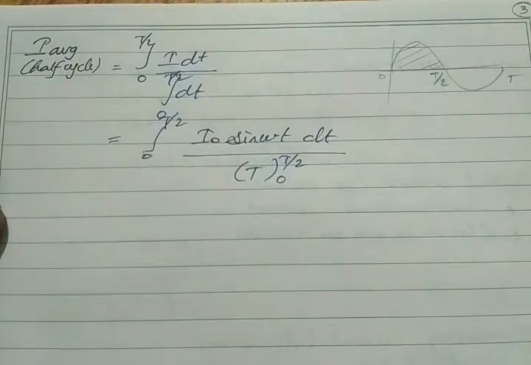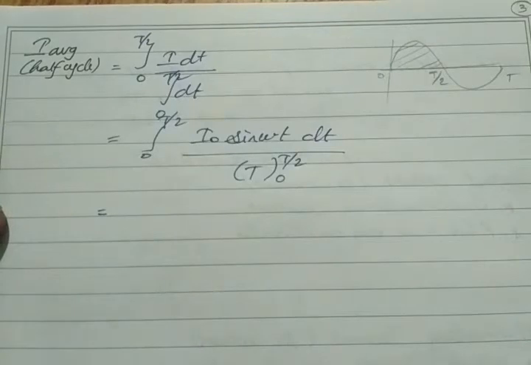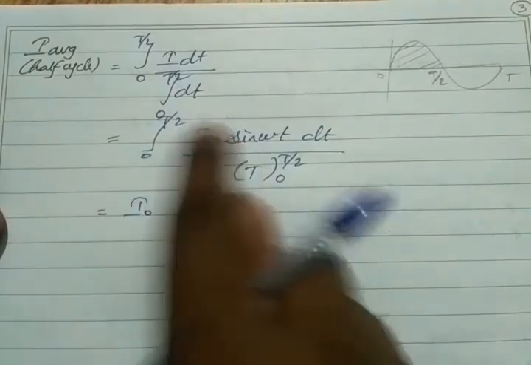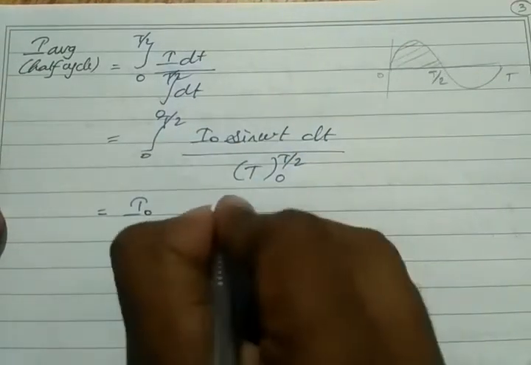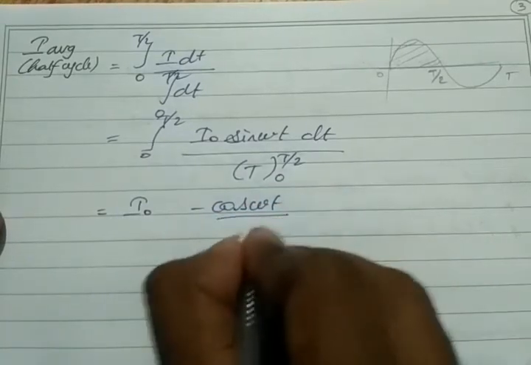So do the integration part. The integral of sine omega t will be minus cos omega t, correct? So take I naught outside the integration. The integral of sine omega t will be minus cos omega t, and in the denominator we also have 1 by omega.